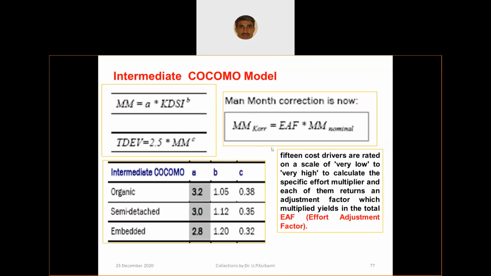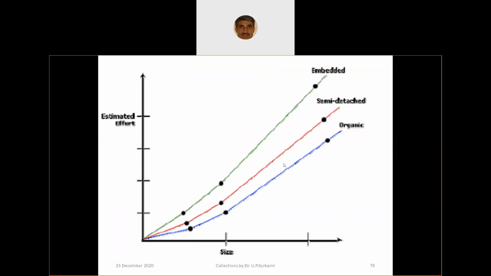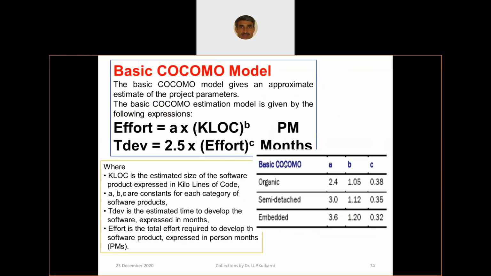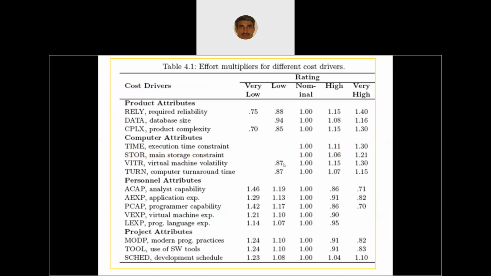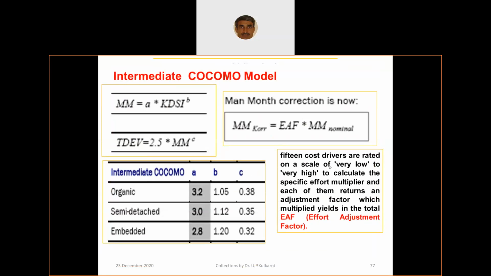Use this equation again, study this and compare. Here 15 cost drivers are rated on a scale of very low, very high, etc. This effort adjustment factor is applied to the man months as a correction.